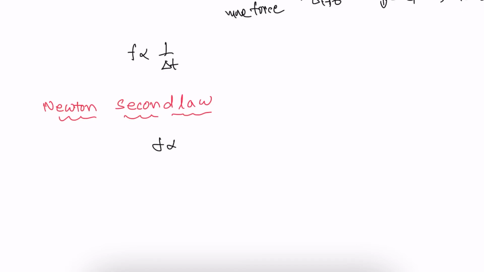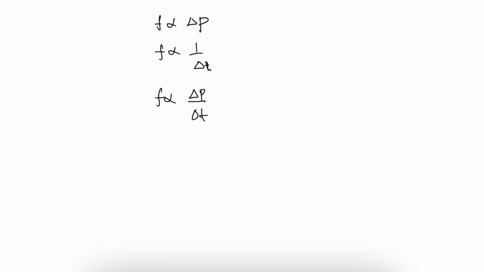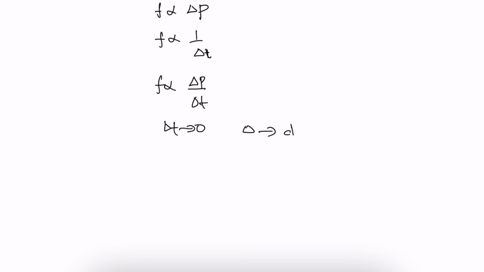Now force is directly proportional to delta P. In the second case, force is inversely proportional to delta T. From those two, finally we write F directly proportional to delta P by delta T. If you take delta T less, tending to 0, a small interval of time, then delta becomes differentiation.